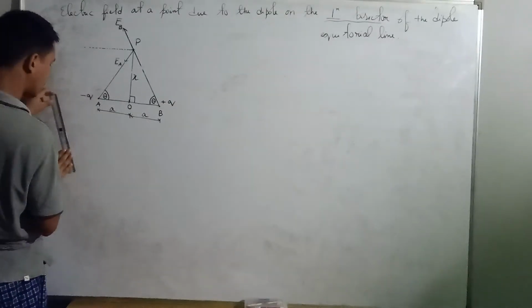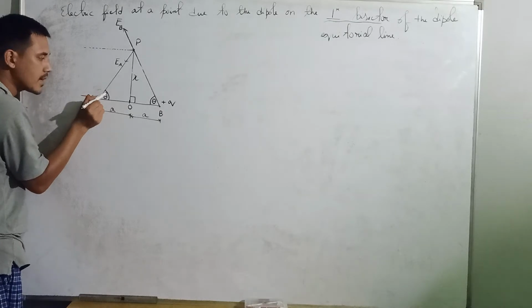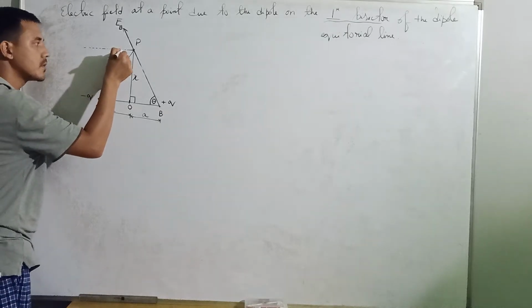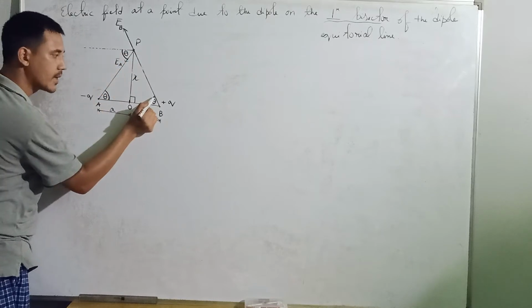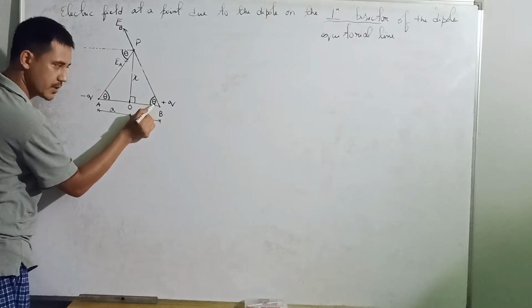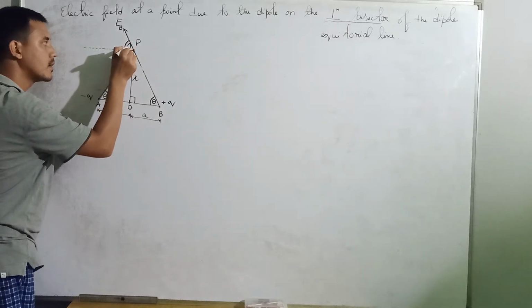So in that case, since this angle is theta, this angle will also be theta. Now again, since this angle is theta by symmetry, this angle will also be theta.